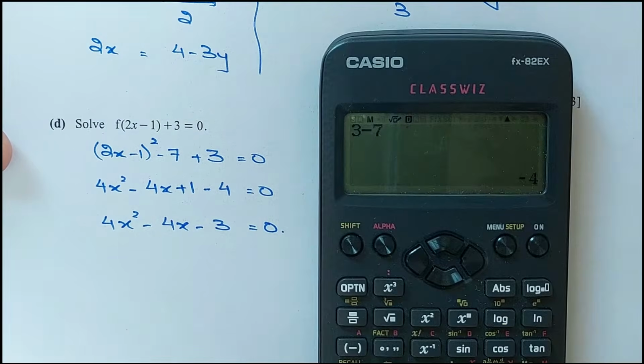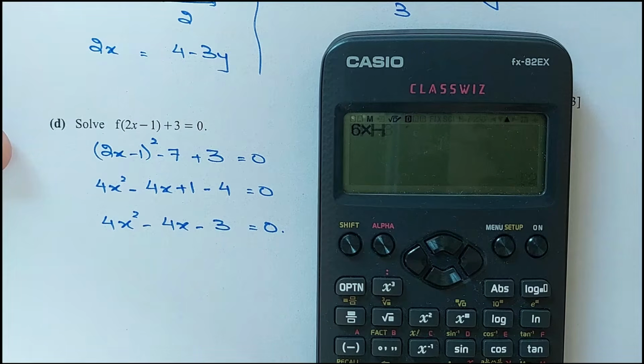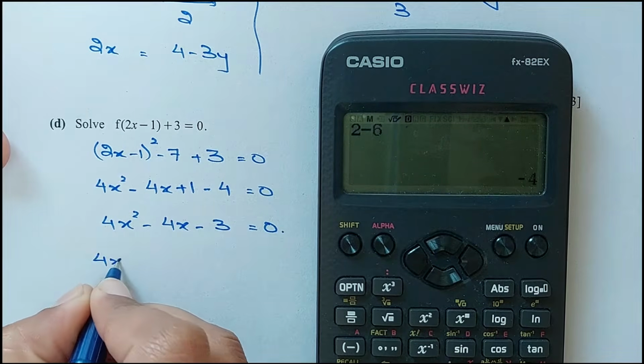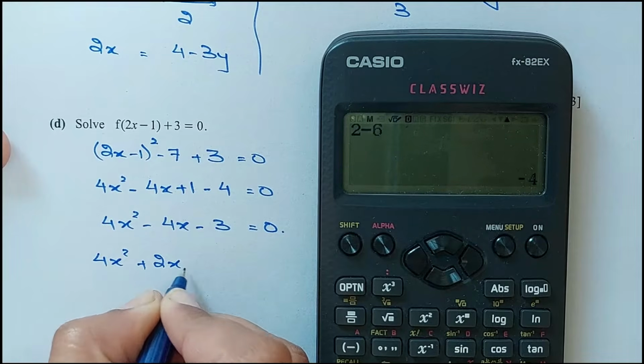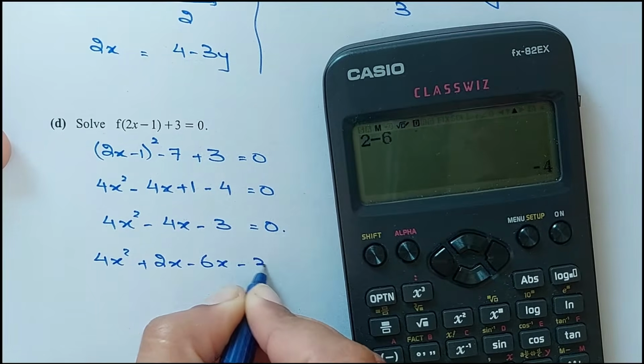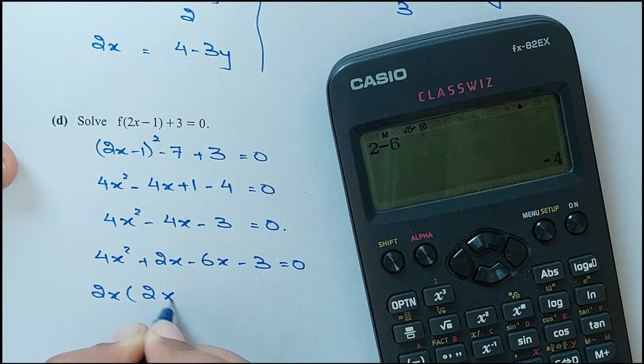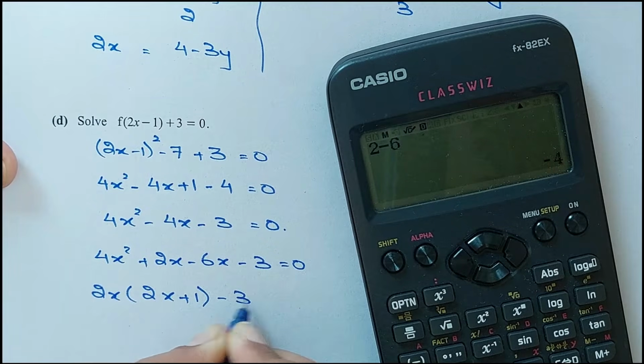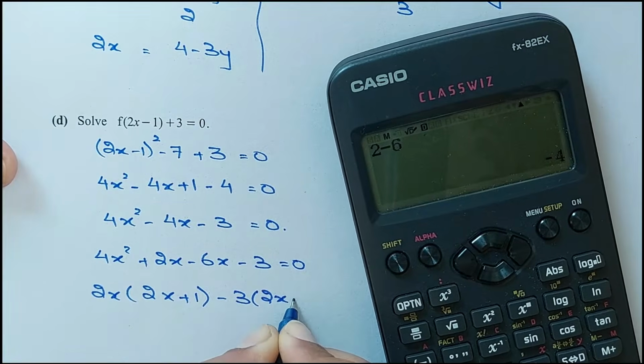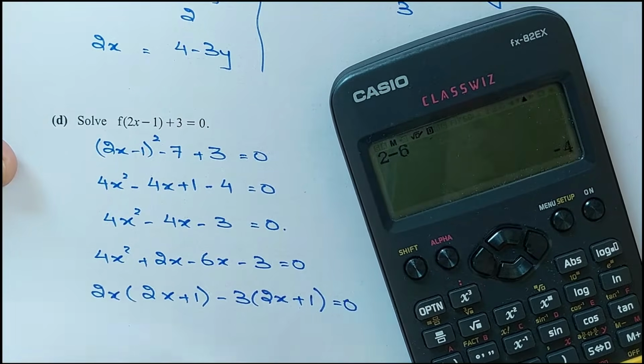Let me factorize this. We have 4 times minus 3 is minus 12, and 2 times minus 6 is minus 12, and 2 minus 6 is minus 4. 4x squared plus 2x minus 6x minus 3 equals 0. Taking 2x common, we have 2x plus 1. Taking negative 3 common, we have 2x plus 1 equals 0, right?